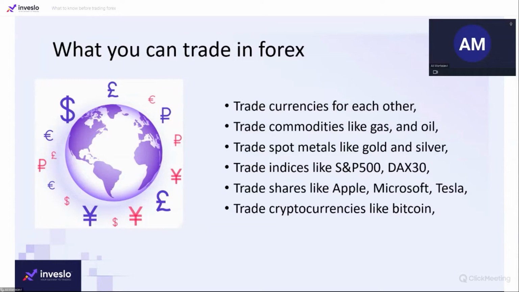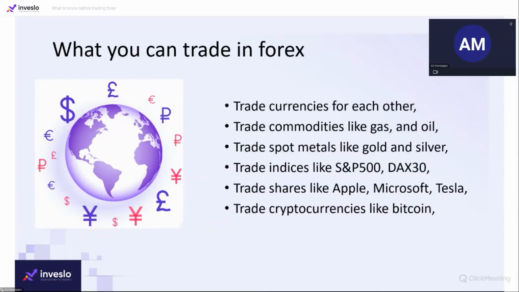They are the instruments that make us able to exchange many different goods and services, and other, let's say, financial contracts and everything. We can trade them, and the financial market is a way to trade everything for each other. And for that, we need to put them into financial contracts that we call financial instruments. So this is what we can trade in Forex.